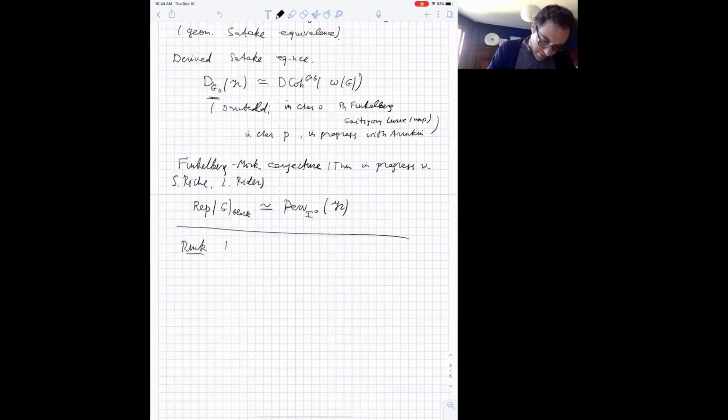First, the derived Satake category is a monoidal category acting on the derived category of I0-equivariant sheaves on the Grassmannian. And this can be recovered; these coherent descriptions can see such an action in the coherent description.